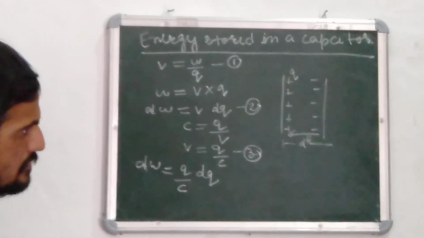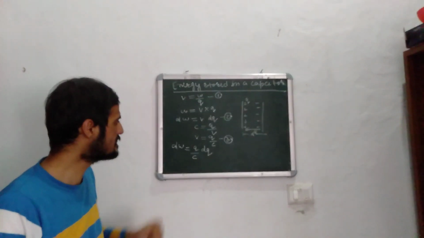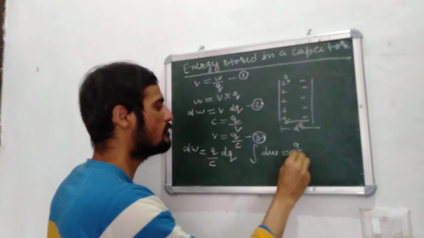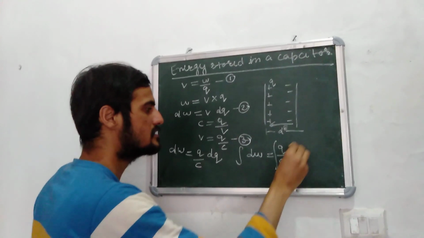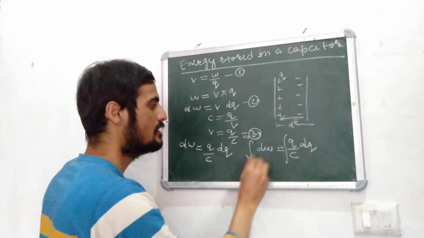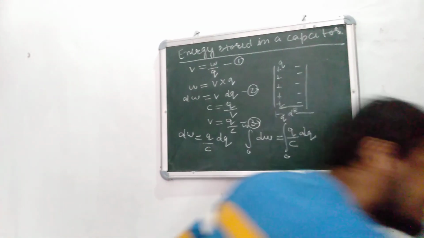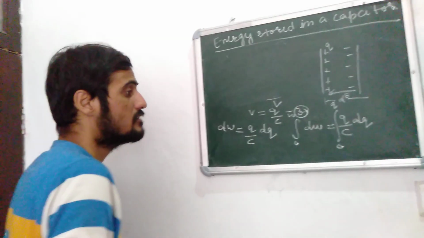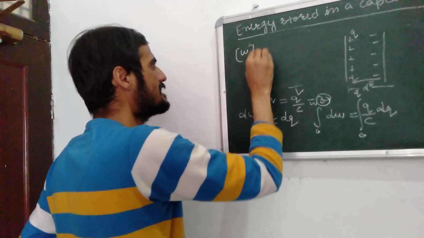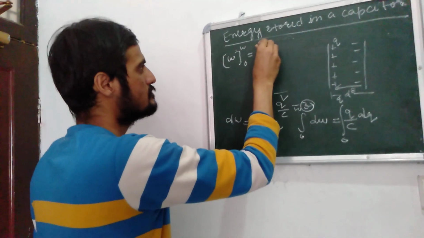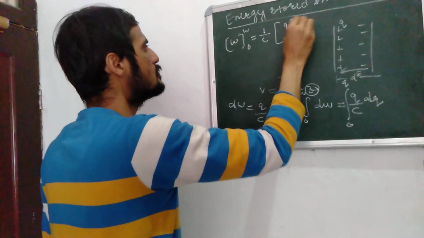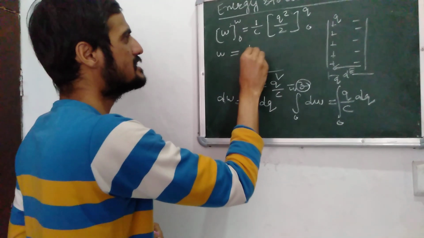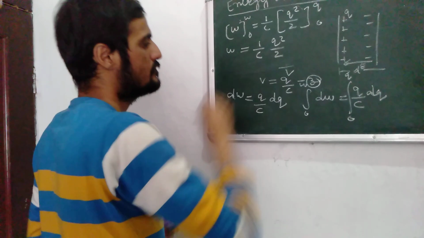Now we have to find the total energy, so integrating dW is equal to Q upon C dQ, with limits from 0 to W and 0 to Q. Then 1 upon C is common, and we get Q square by 2. So W is equal to 1 upon C times Q square by 2.